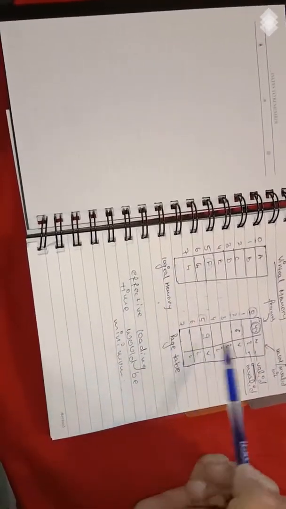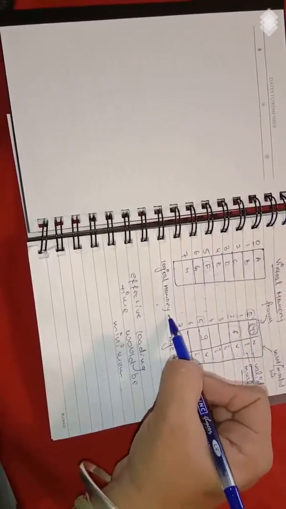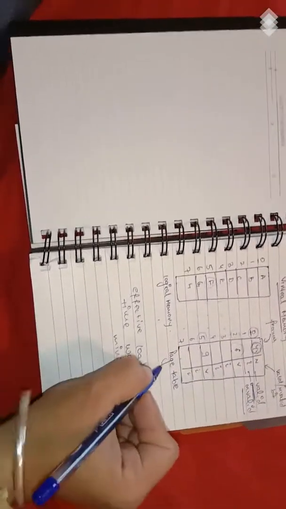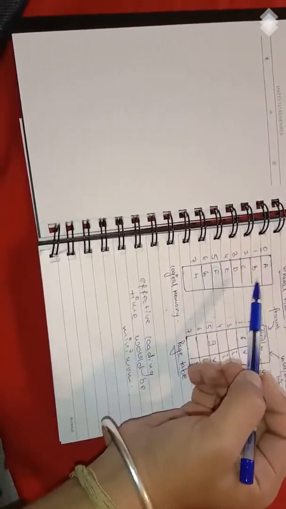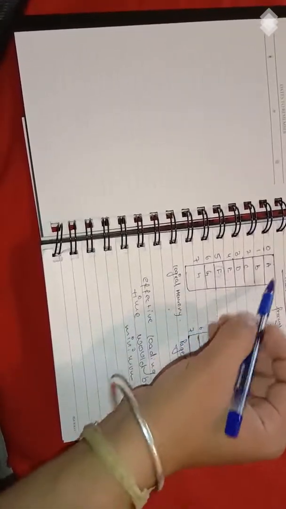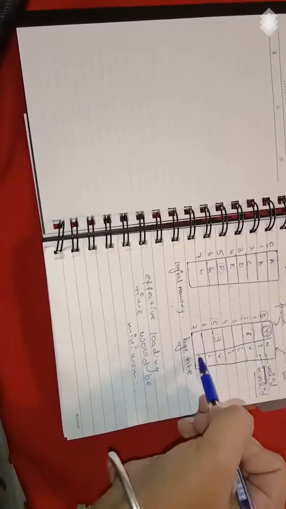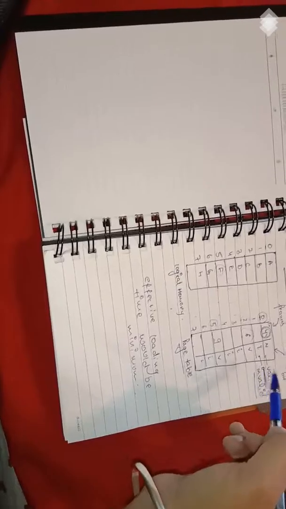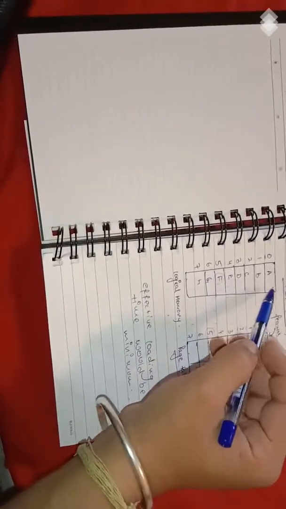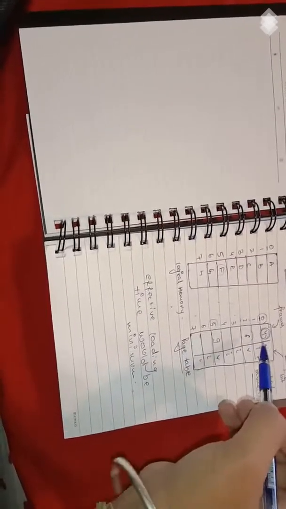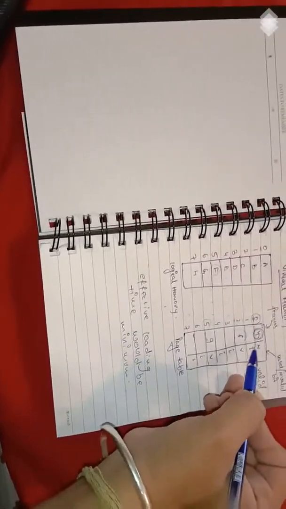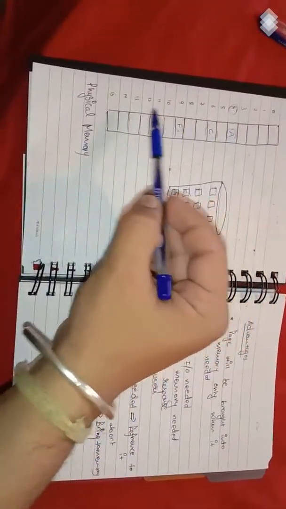Here is a program of 8 pages in a logical memory. There is a page table in which the logical memory has 8 locations, or 8 pages, and here are the frames in the page table. Every page is given some frame, and according to those frame numbers the pages get into the physical memory as we have stored them.